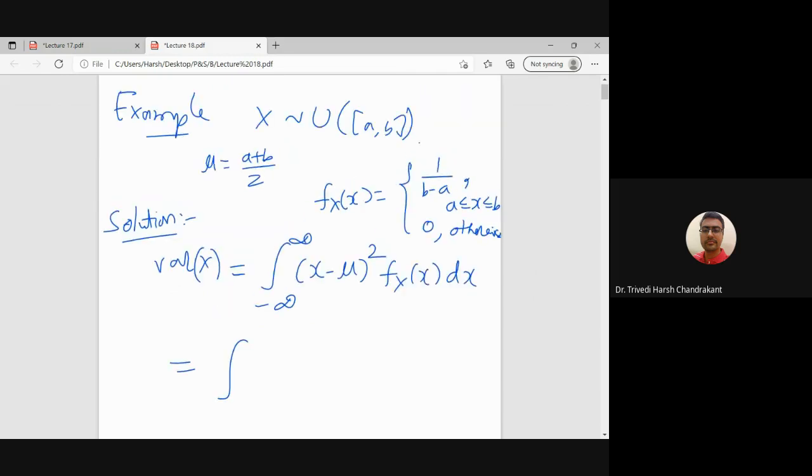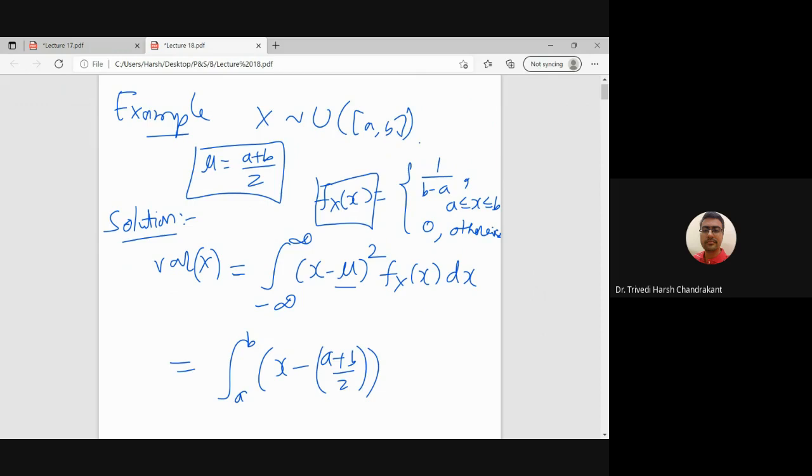Since the density function is defined only for the interval a to b, it is essentially the integral over a to b of (x minus mu) square, where mu is the mean (a plus b) by 2, times f of x, which over this interval is 1 upon (b minus a), dx.